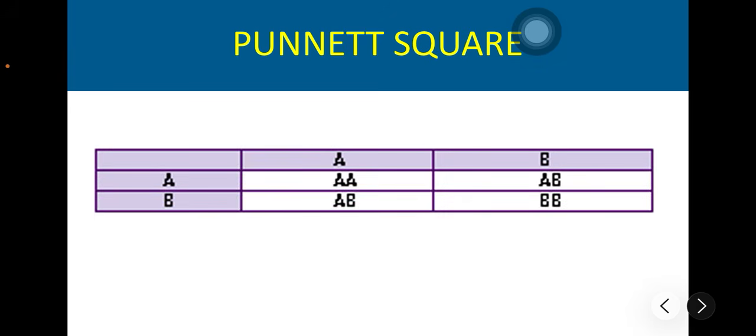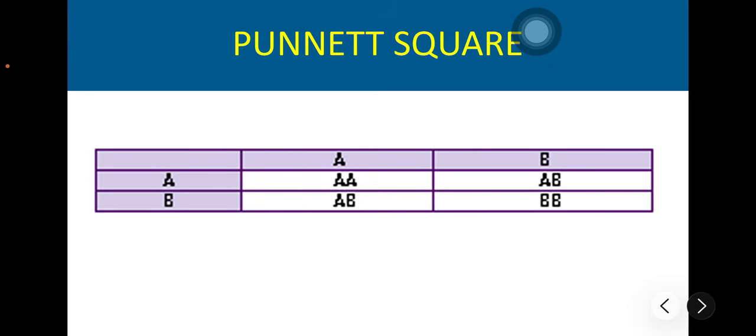I have here another example. We have both parents having AB genotypes in their red blood cells. So the genotype present in their offspring could possibly be AA homozygous, heterozygous AB, and BB homozygous.